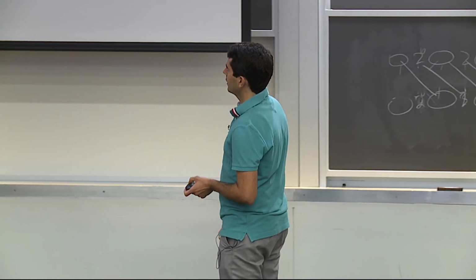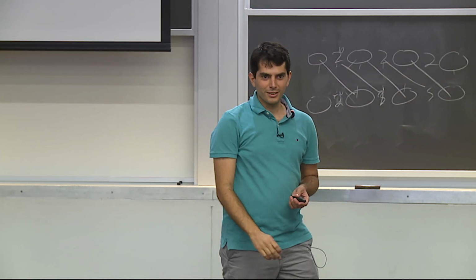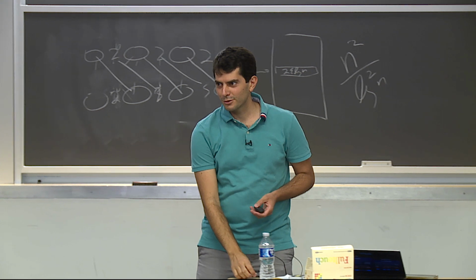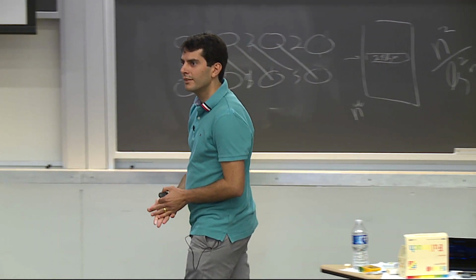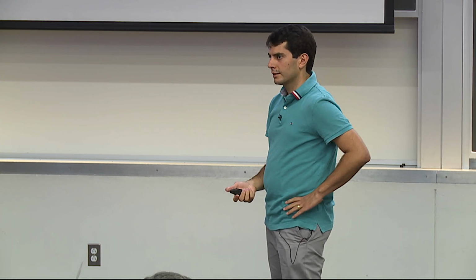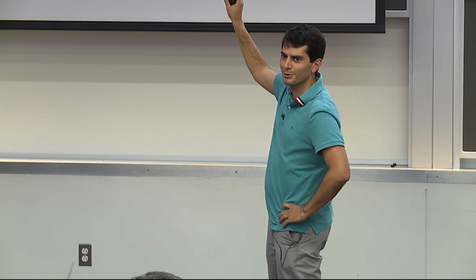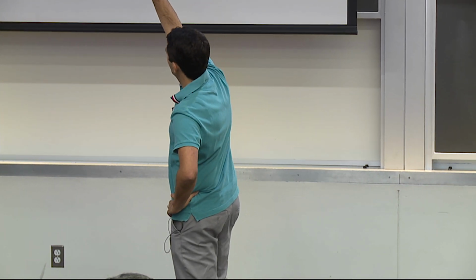OK, great. But then are we done? I said it's an attempt. So do you see the issue? Exactly, yeah. It doesn't satisfy equality, which maybe is not clear to you why we need at this point, but I would really want equality there.